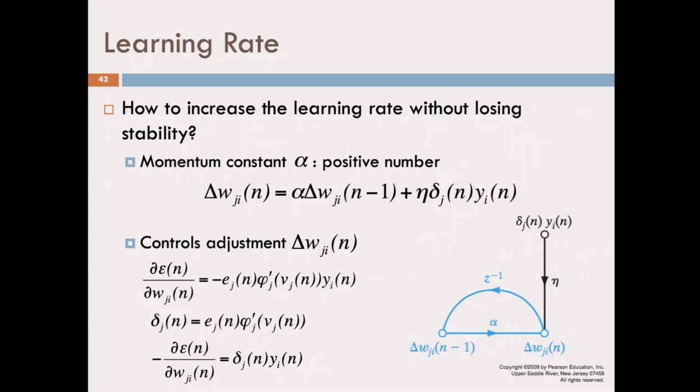So this is a stabilization factor. If the sign of the derivative keeps changing between positive and negative during many iterations, it stabilizes the learning. If the sign of the derivative remains the same, it accelerates the learning.